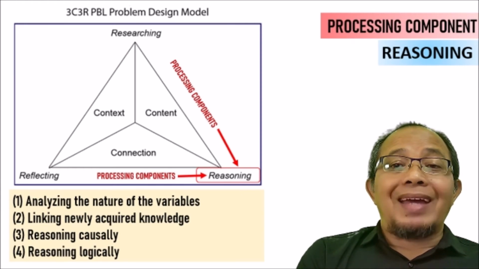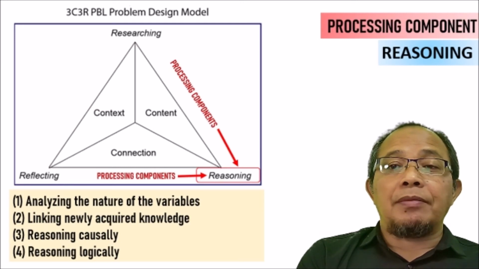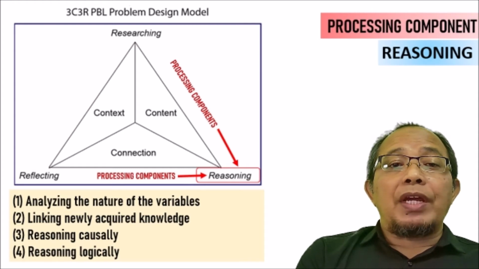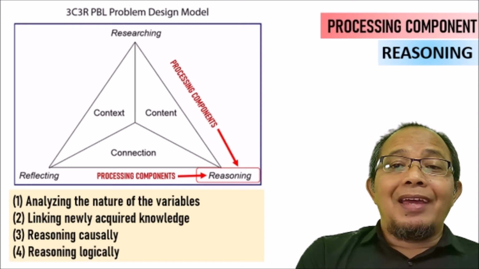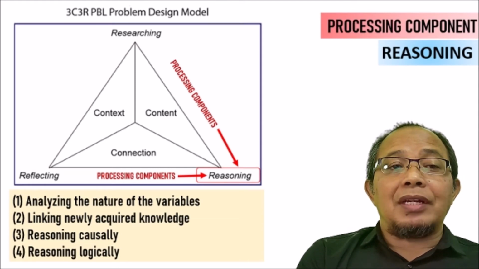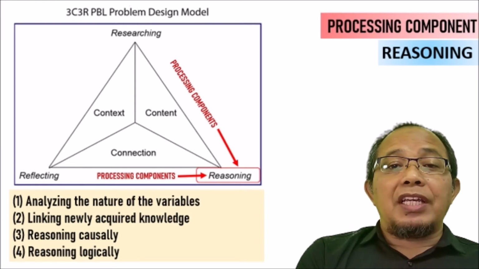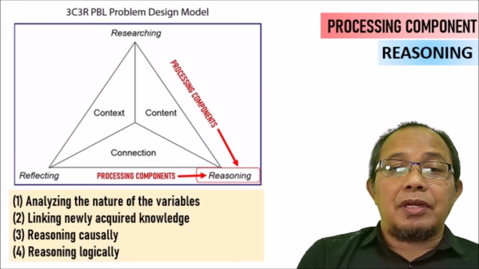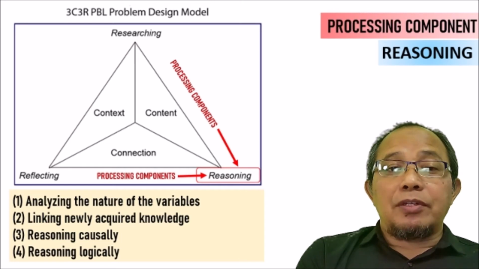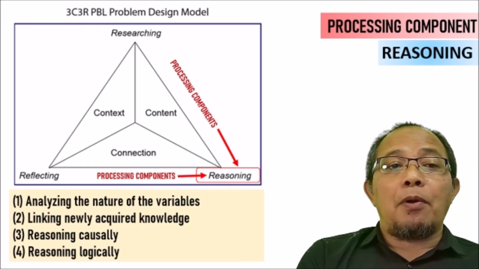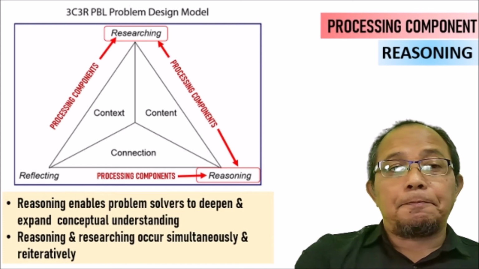This includes one, analyzing the nature of all variables and the interrelationships among them, two, linking newly acquired knowledge with existing knowledge and restructuring their domain knowledge base, three, reasoning causally to understand the intercausal relationship among the variables and the underlying mechanism, and four, reasoning logically to generate and test hypotheses as well as identify possible solutions or eliminate implausible solutions.